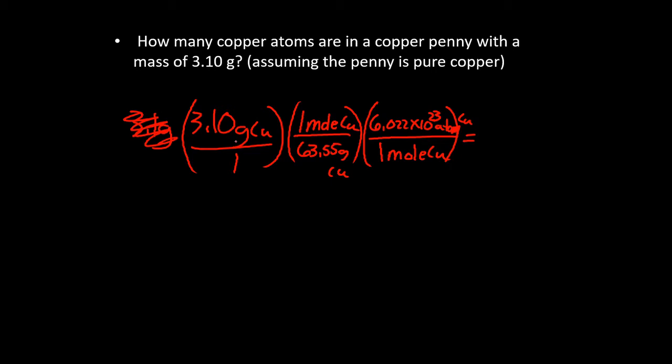So if I check my units here, grams cancel, moles cancel, leaving me with atoms. If I do that math, 3.1 divided by 63.55 times 6.022 times 10 to the 23rd, I get 3 sig figs, so 2.94 times 10 to the 22 atoms of copper.